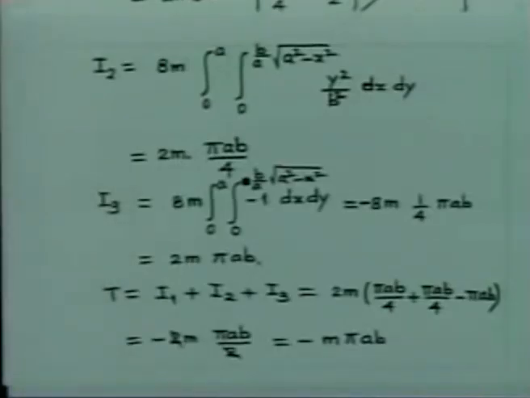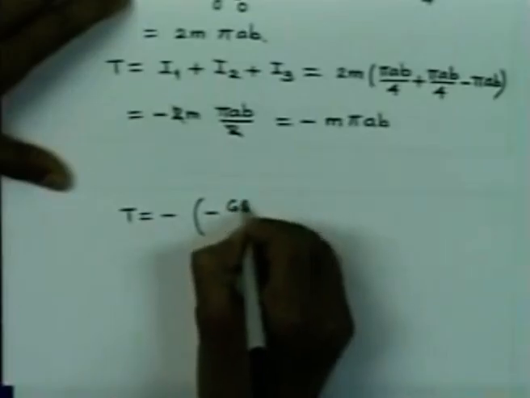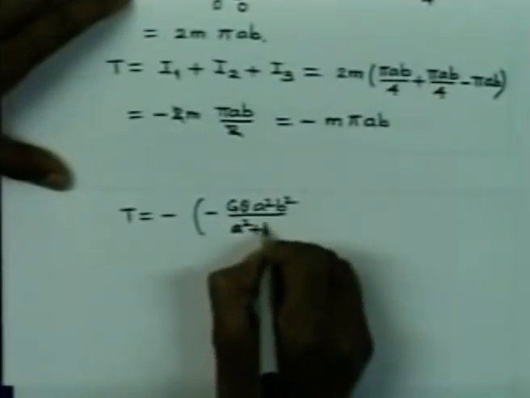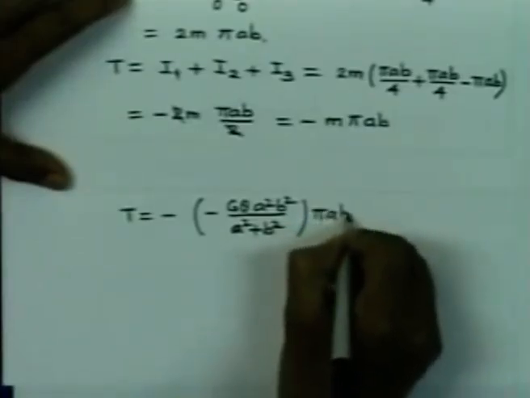Already we have obtained the value of m earlier. If we substitute the value of m, m was G theta a square b square by a square plus b square with a negative sign. So, therefore, T is equal to minus G theta a square b square by a square plus b square, that is m pi a b.